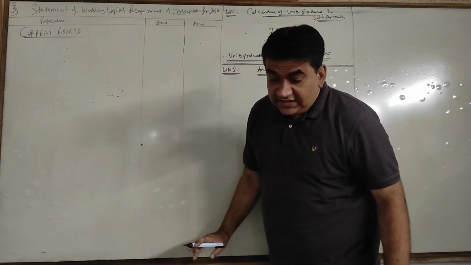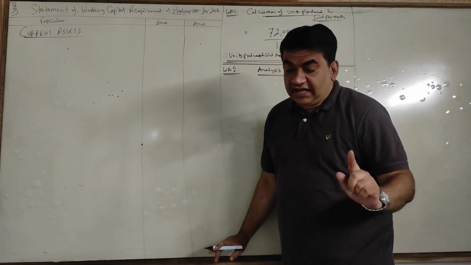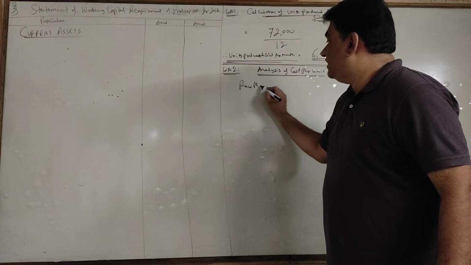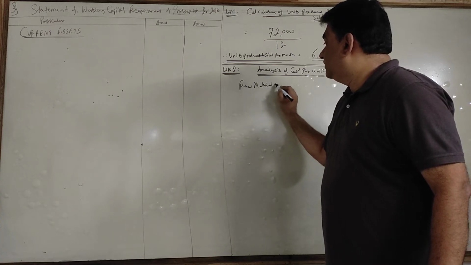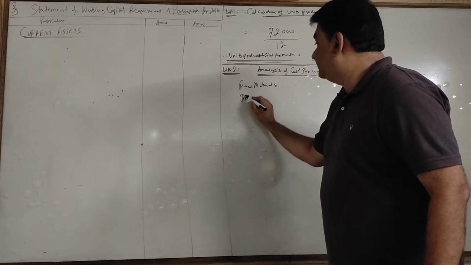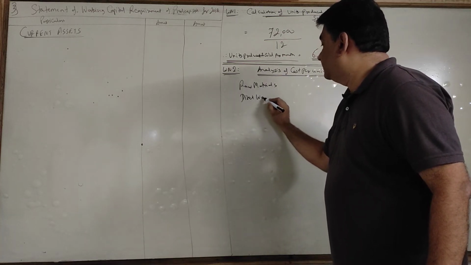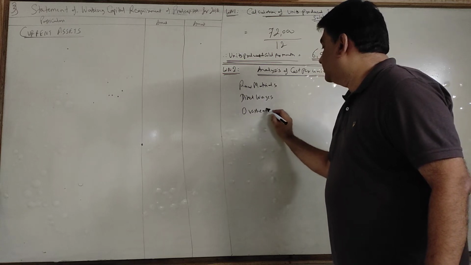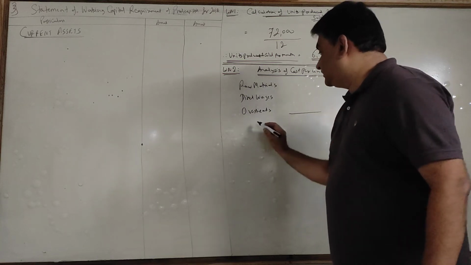Now see, what all is there? Material, direct wages and overheads, one below the other. First element, raw materials. Then direct wages. Then overheads.